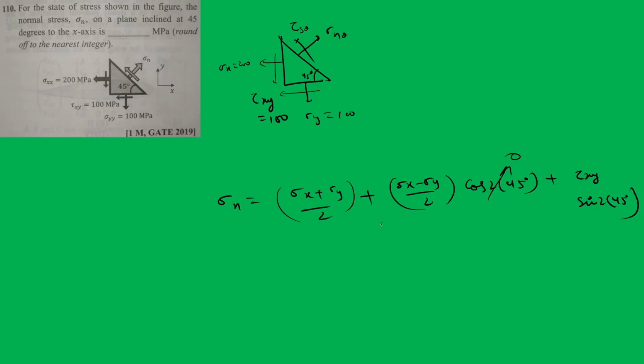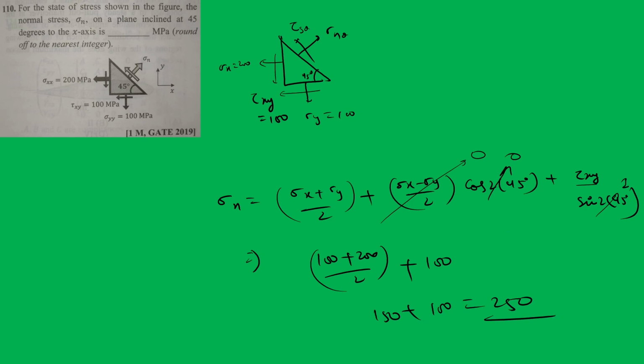Cos 90 degrees is 0, so this entire term is 0, and sin 90 degrees is 1. So we get (100 plus 200) by 2 plus tau xy, which is again 100. So 300 by 2 plus 100, that is 150 plus 100, which is 250.